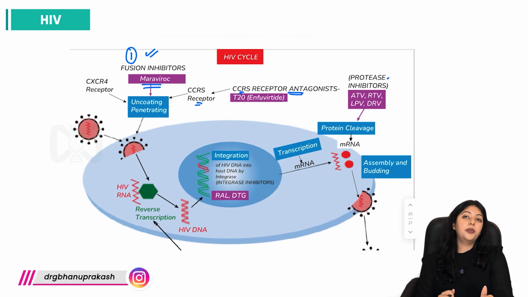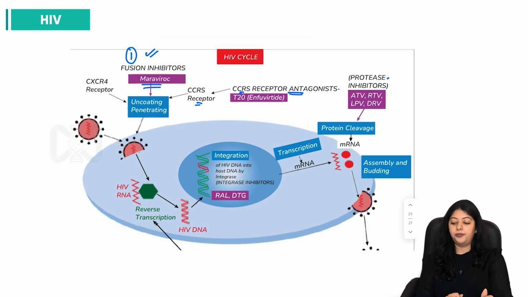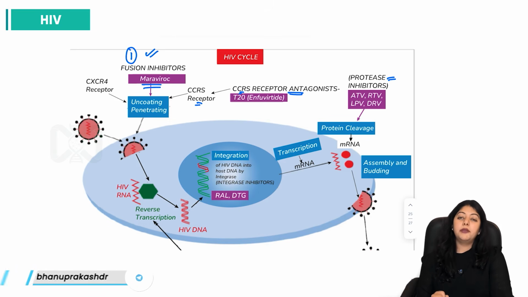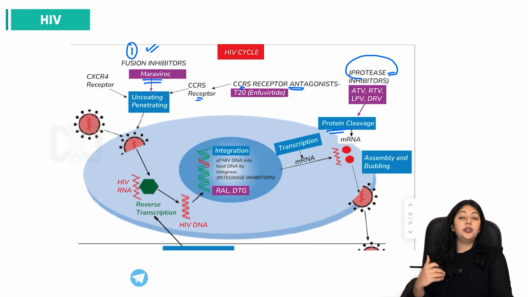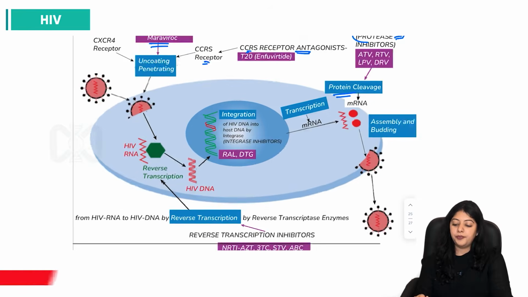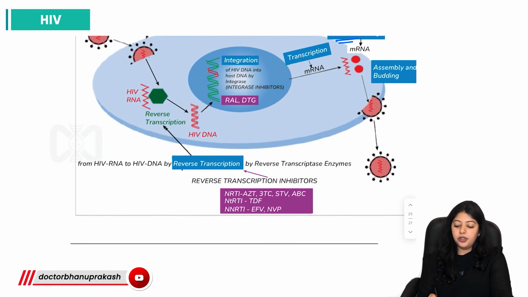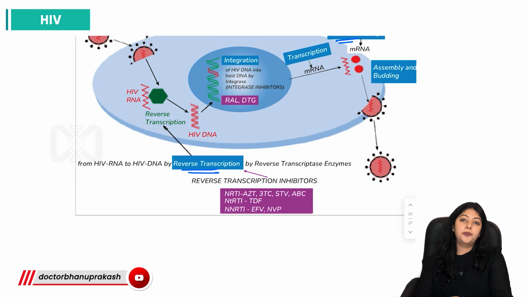So what are these doing? These are also not providing entry to the virus into the host cell itself. Then the protease inhibitors. So what is the role of protease? It is going to cleave the protein. So protease inhibitors are not going to cleave the protein and will not lead to further synthesis and replication of the virus, right?